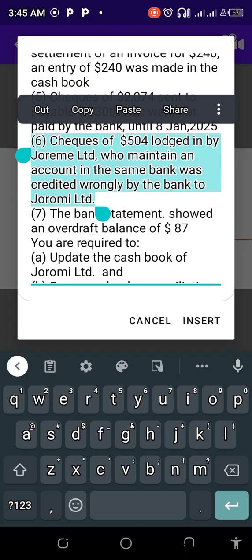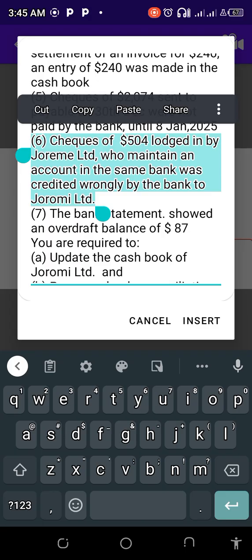Jerome and Jerome are almost similar names. Seeing those two names, the bank was misled to think that they are the same, and so they credited the check lodged by one Jerome to the other. This is an example of an error made in the bank.